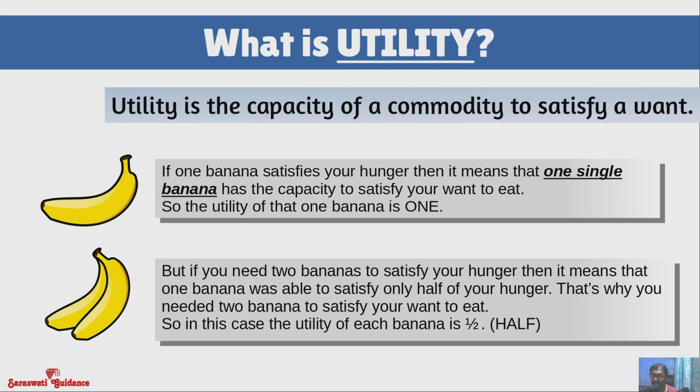But if you are more hungry and one banana cannot satisfy your hunger, if you need 2 bananas to satisfy your hunger, then it means one banana was not able to satisfy your hunger, and 2 bananas are now required. In this case the utility of each banana is 1/2.